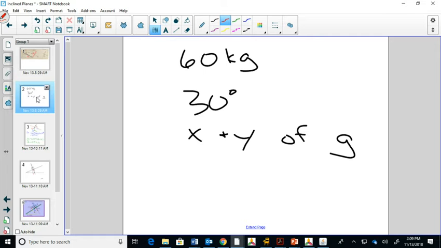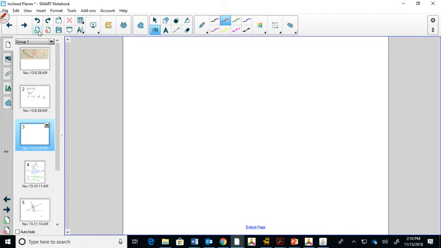Okay, so I got 60 kilograms of a lady. The slide is 30 degrees from the horizontal. I'd like to calculate the y and the x of gravity. We cool? So let's draw our diagram. Okay, so our slide's going here. We said that that is 30 degrees. Okay.